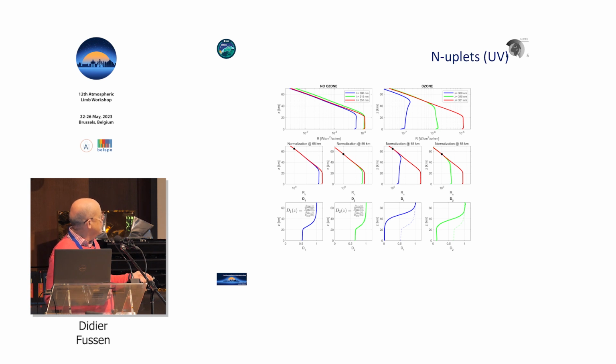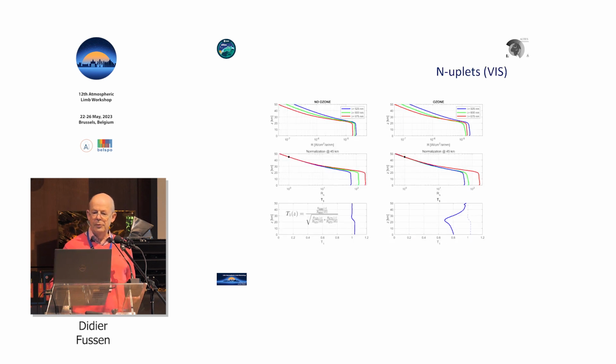And finally, we develop doublets, which are ratios of wavelengths in the UV, but also in the visible, where you use some geometrical normalization, a classical approach that was implemented a long time ago, in such a way that we produce a signal with ozone that is clearly different than without ozone, and the information is here. Why do we do that?